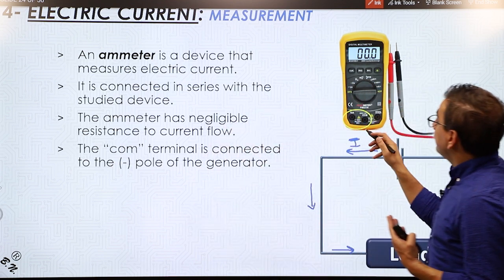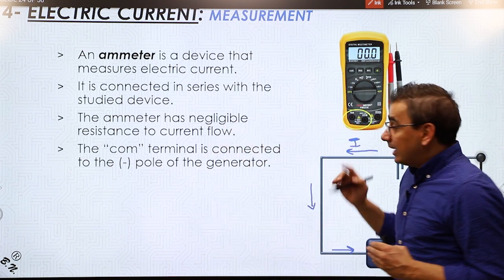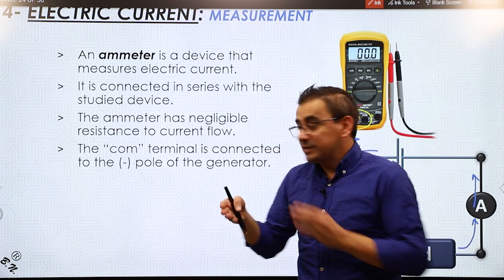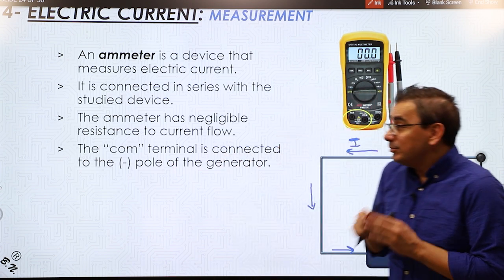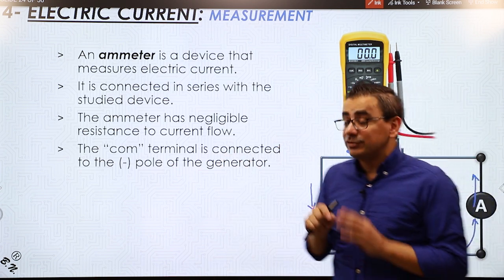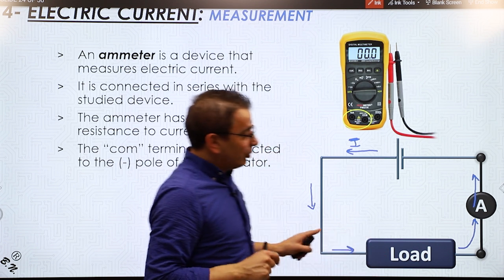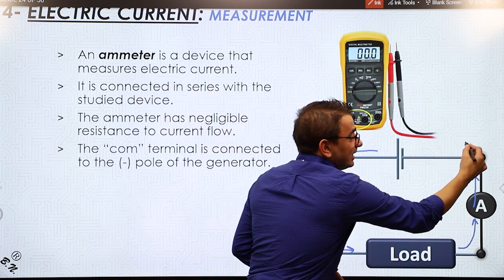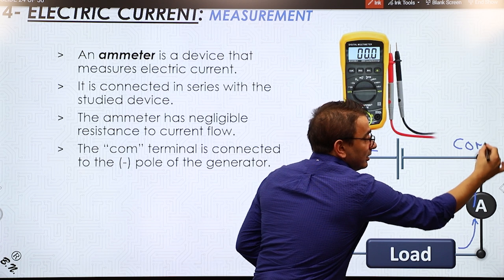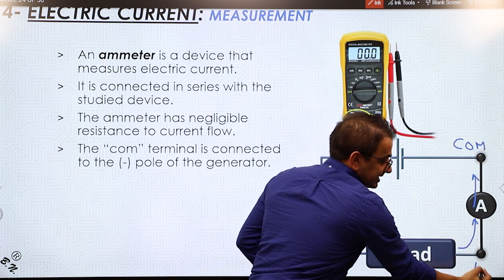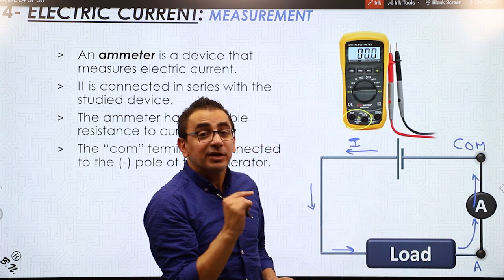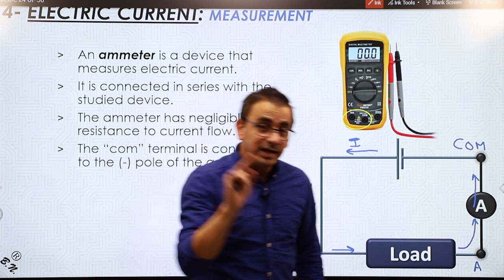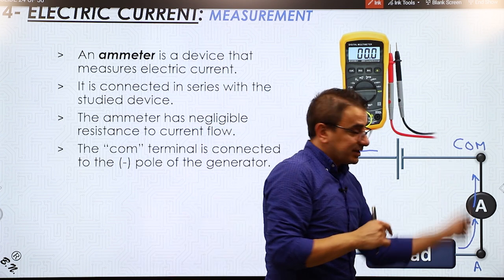The entry is referred to as letter A, and the negative pole is referred to as the COM. So the COM terminal should always be connected to the negative of the generator. If I go back to this circuit here, the ammeter is connected with this side as COM. Some people refer to the other side as letter A, indicating the positive pole of the ammeter. Now, the proper connection of the ammeter is like this.